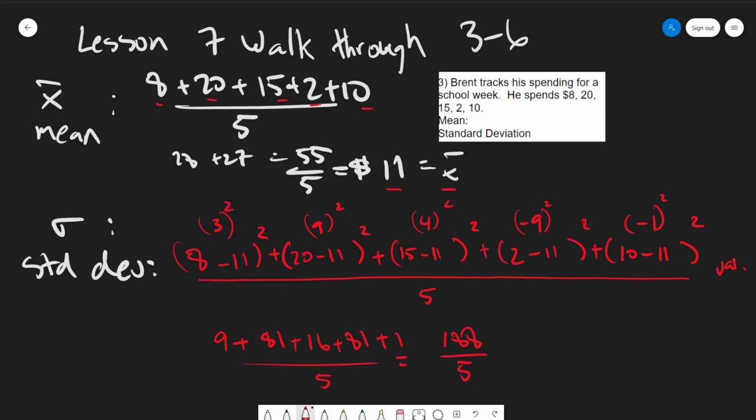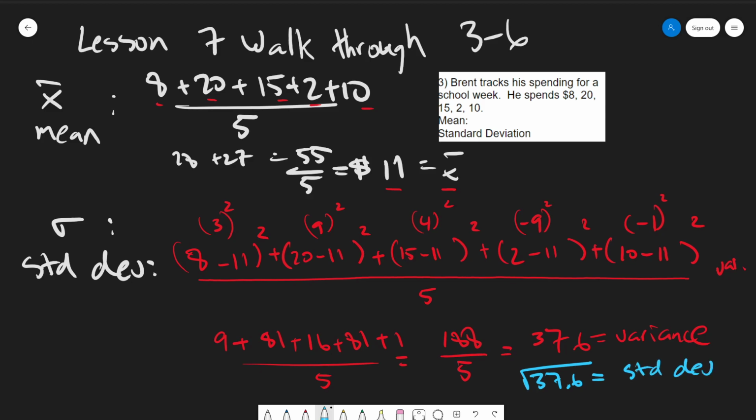And then how many times does that go in? Looks like I'm going to do it over here. 37.6 is our variance. And then what's that last step? How do we find standard deviation? We are going to take the square root of that 37.6, and that's going to be our standard deviation.